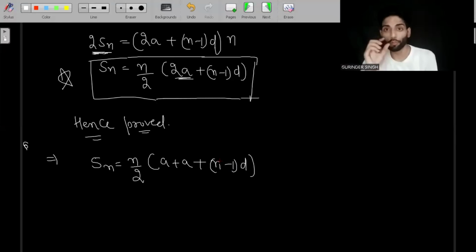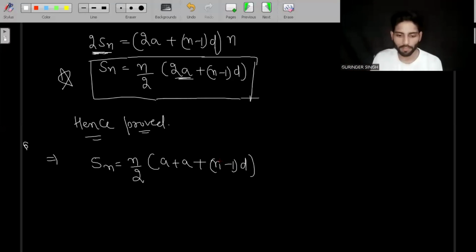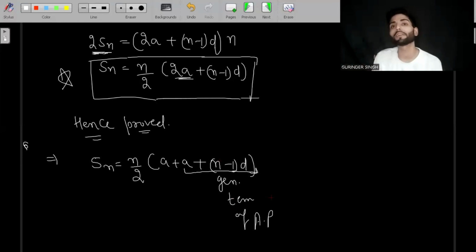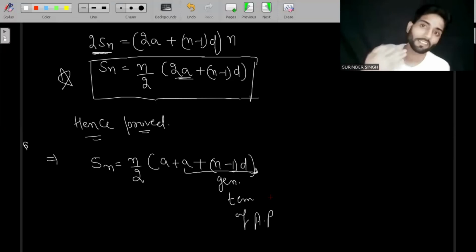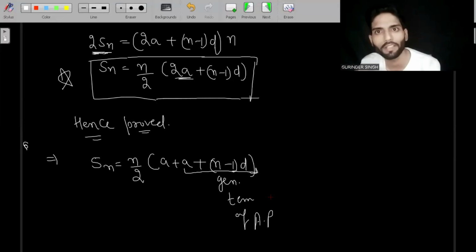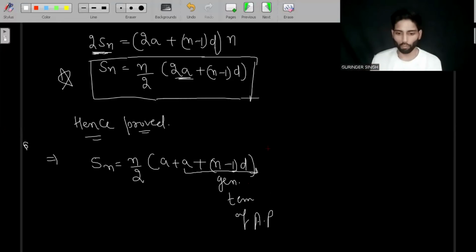Now, you know the general term of AP: look here, a plus (n minus 1) into d. This is the general term of AP. Or you can also call it the last term of AP, because the last term is nothing but the general term of AP.